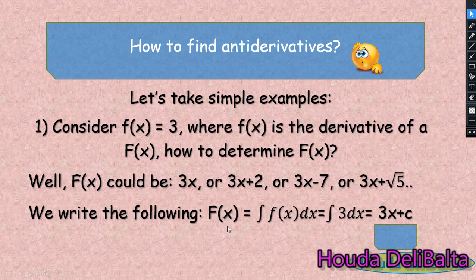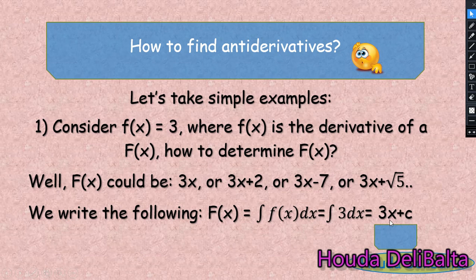So that's why we're going to write the following. Capital F of x, which represents the antiderivative, is equal to the integral of small f of x, which represents the derivative, dx. We write it this way, with this notation. Now, I replace the given f of x, which is 3, and I get the integral of 3 dx, which is 3x plus c.